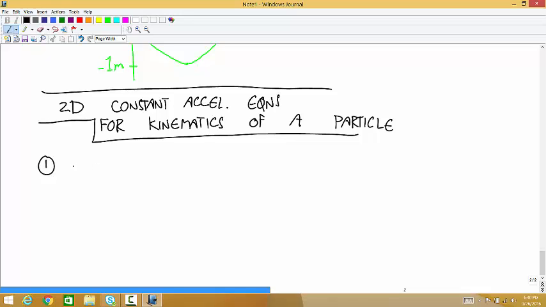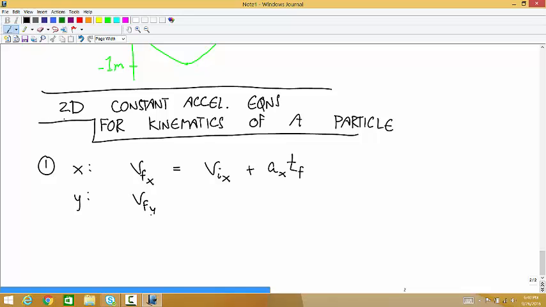So there is now a version for the x components. It says VFX is equal to VIX plus AX times TF. And one for the y components.